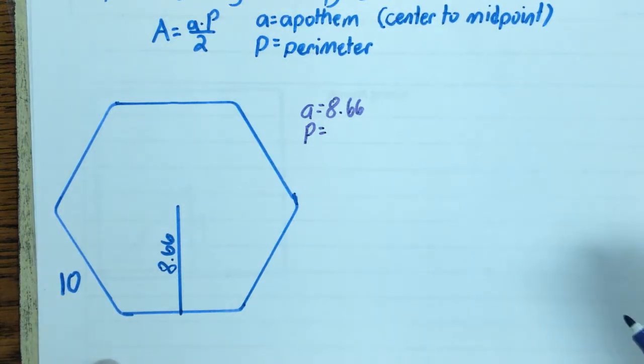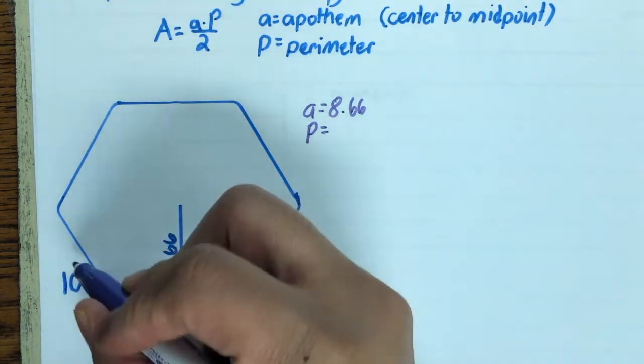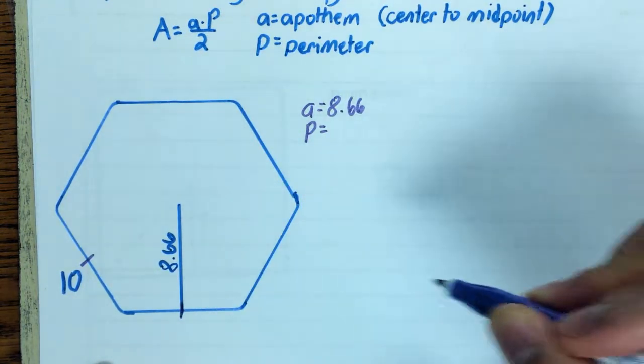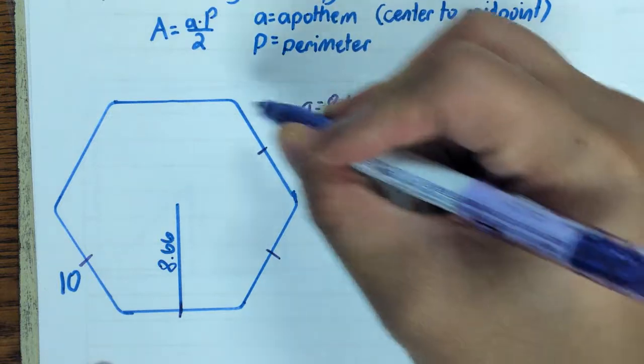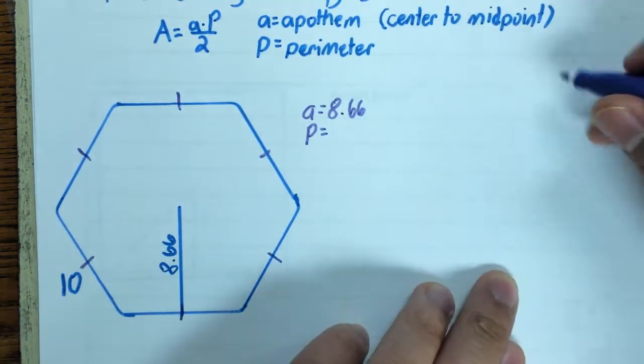Perimeter, because it is a regular polygon, we know that this side and these other sides are all congruent. So let me make a note.